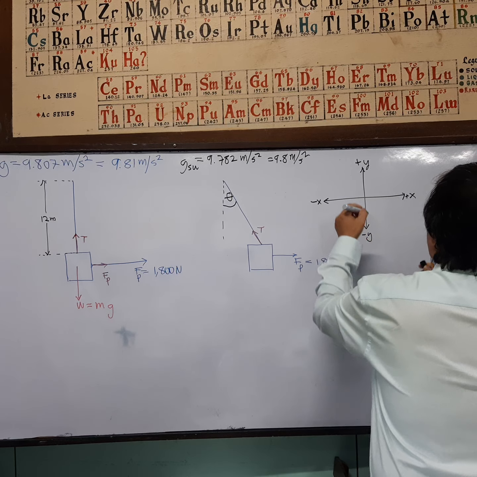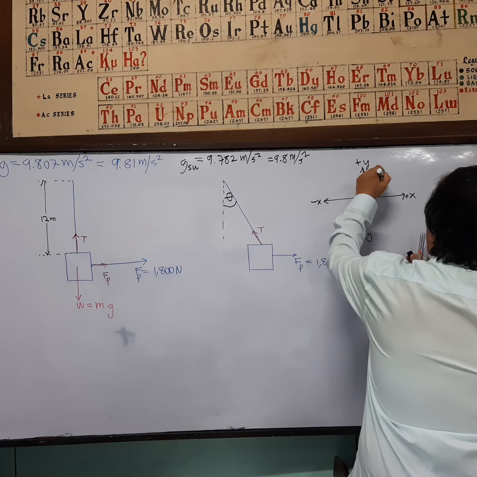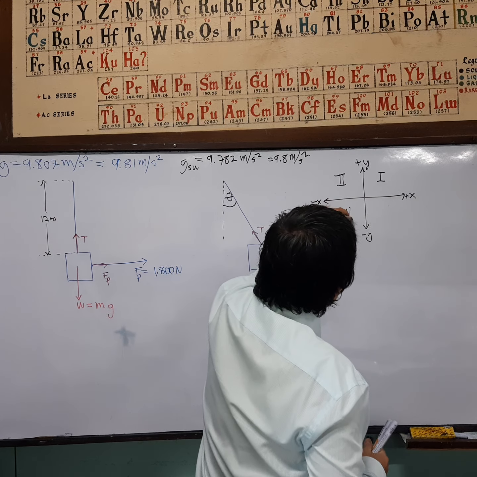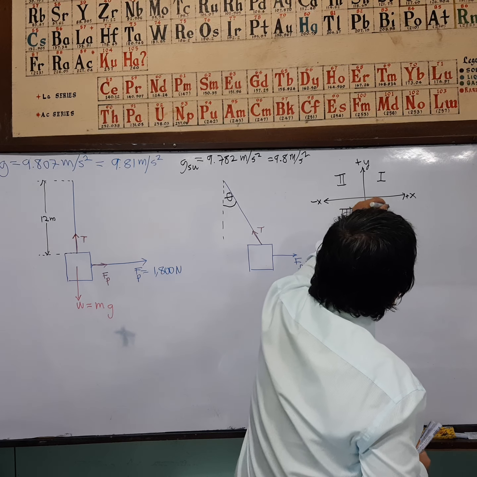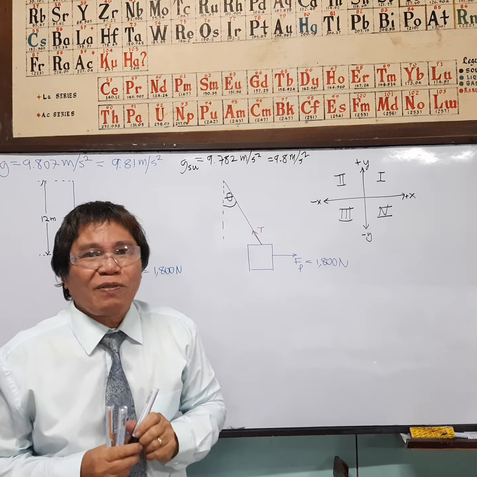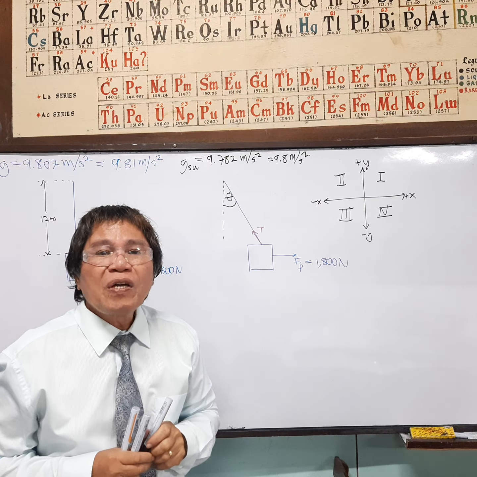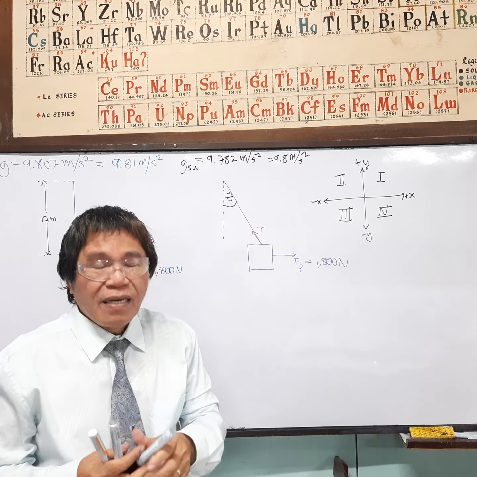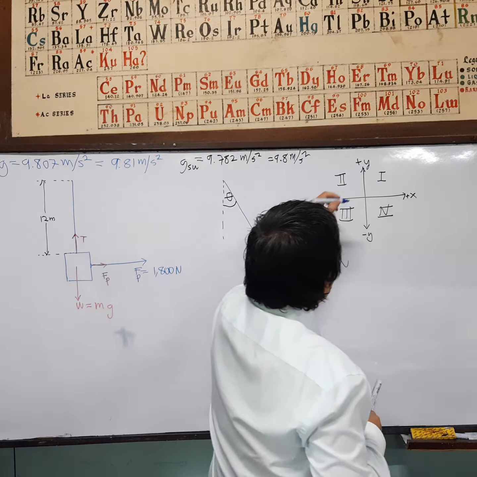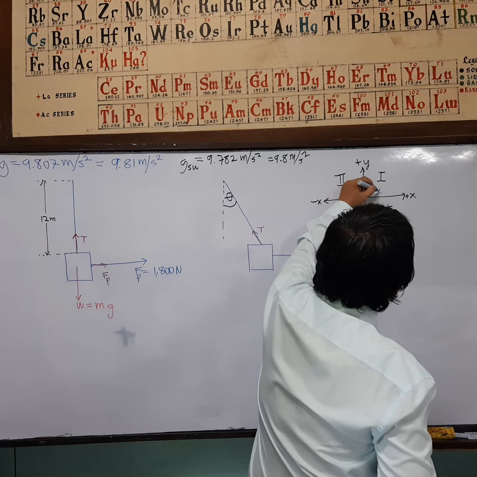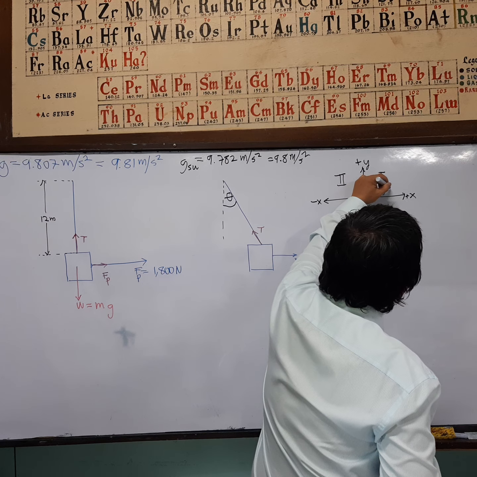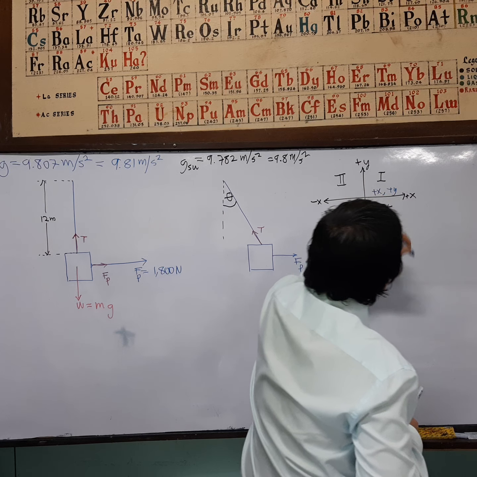You will have here first quadrant, second quadrant, third quadrant, and the fourth quadrant. So there are 4 quadrants. On the first quadrant, the x-coordinate is positive x, y-coordinate is positive y.